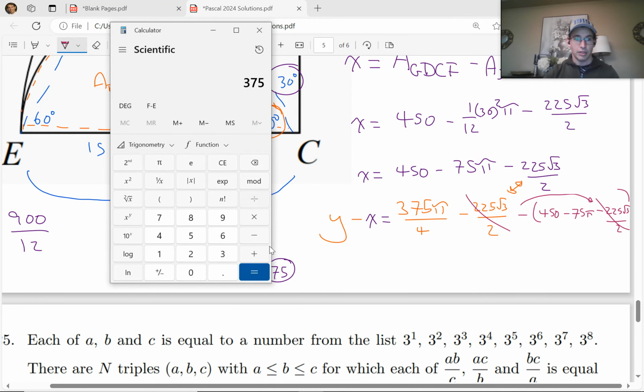375 divided by 4 equals that, times pi equals that, minus 450 equals that, plus 75 times pi equals, I happen to know that's the right answer, 80.143, and we were asked for the closest integer.